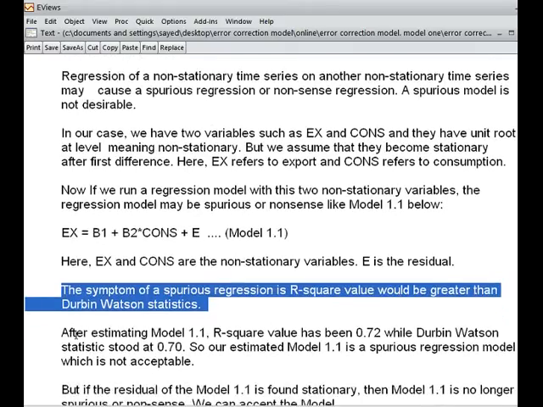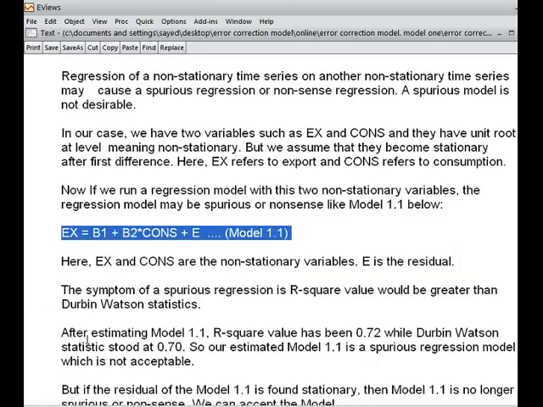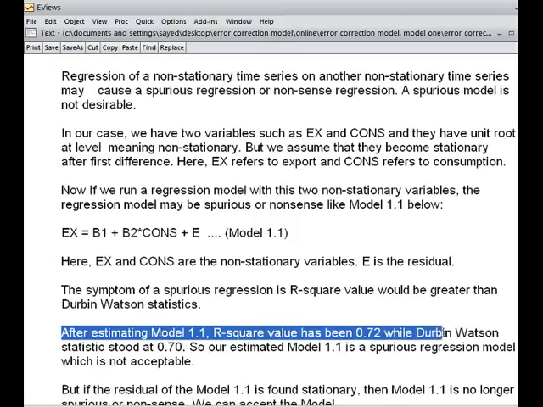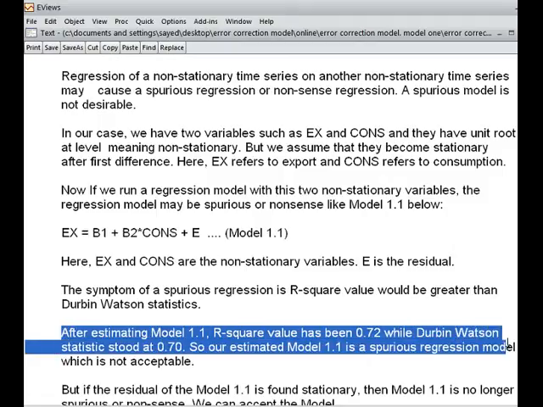Okay, what we have done, we have estimated model 1.1. After estimating model 1.1, R square value has been 0.72, while Durbin-Watson statistics stood at 0.70. So here what is happening?